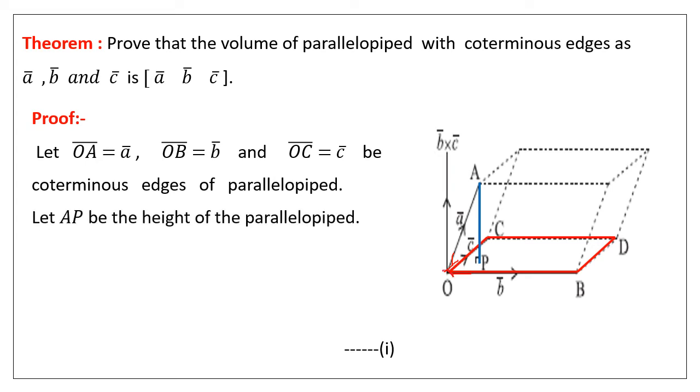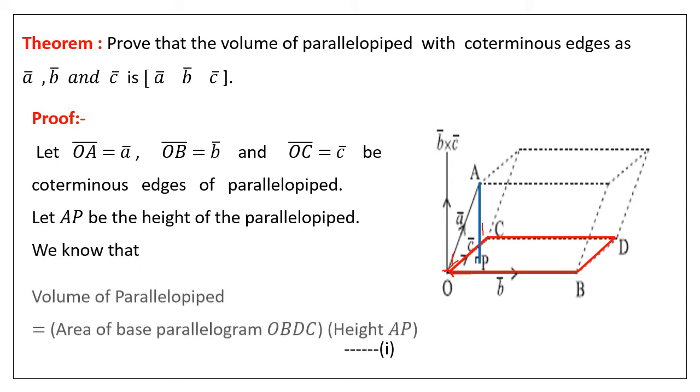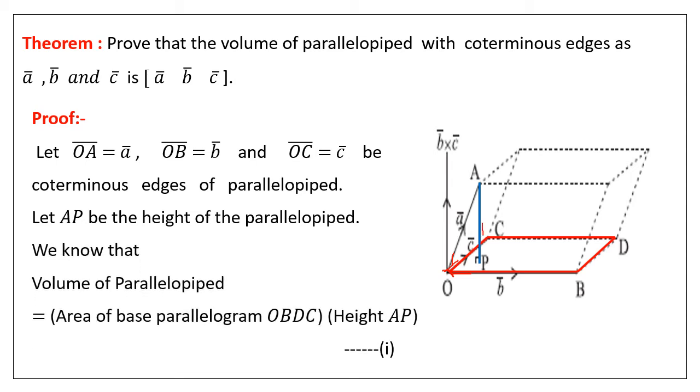Let AP be the height of the parallelepiped. We know that, student, the volume of parallelepiped equal to area of base parallelogram OBDC into height AP. Call it as 1.